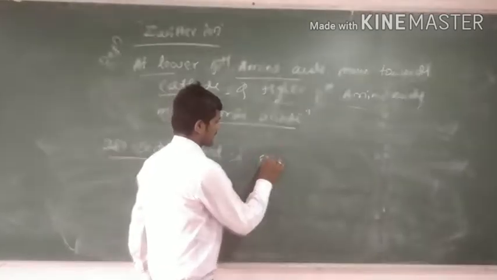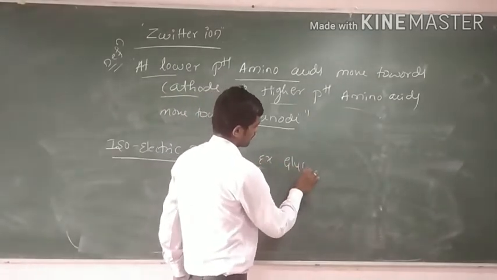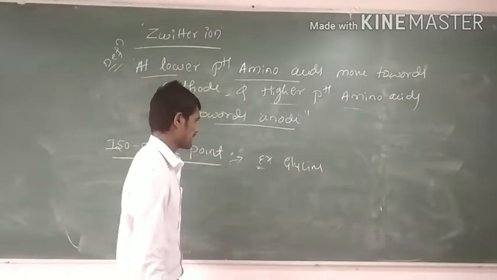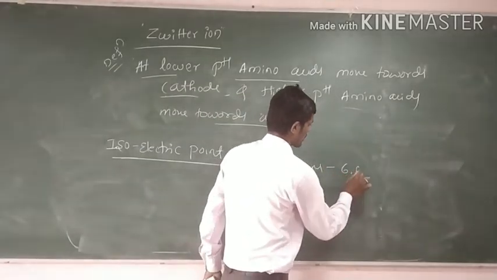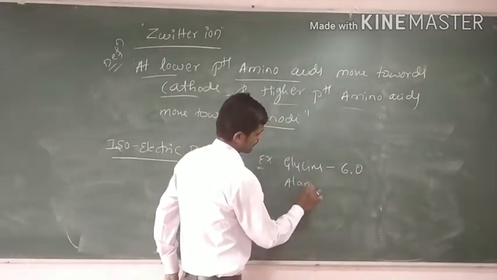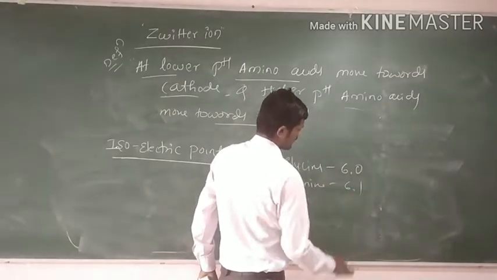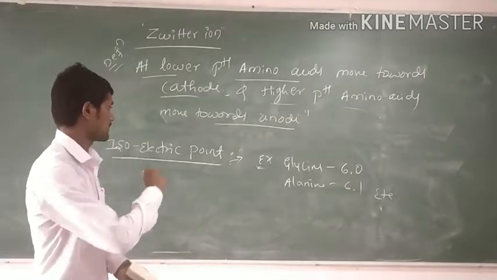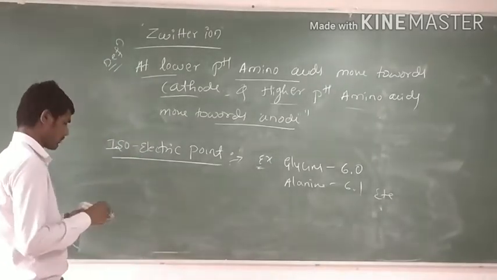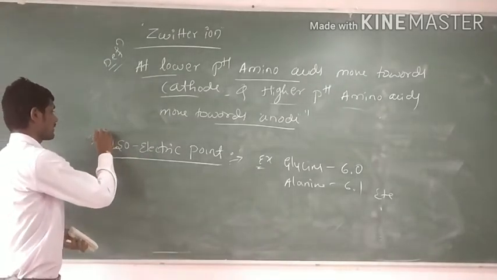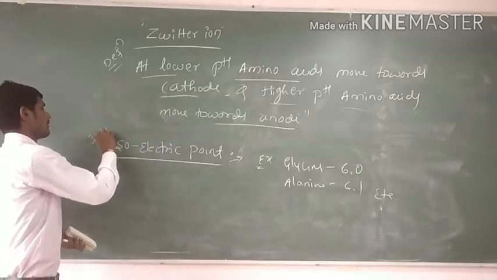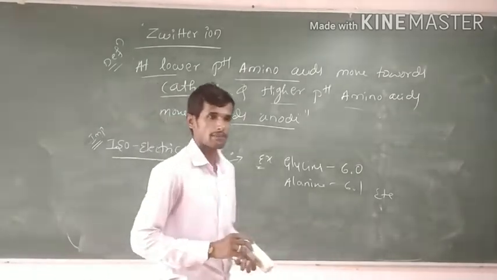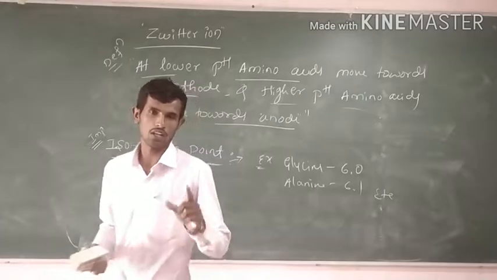If you take an example, glycine, its isoelectric point is about 6.0, and alanine 6.1, etc. These are some theoretical points. Please remember the definition, this is also very important. What is isoelectric point? At a particular pH, our amino acid cannot move towards cathode or anode.